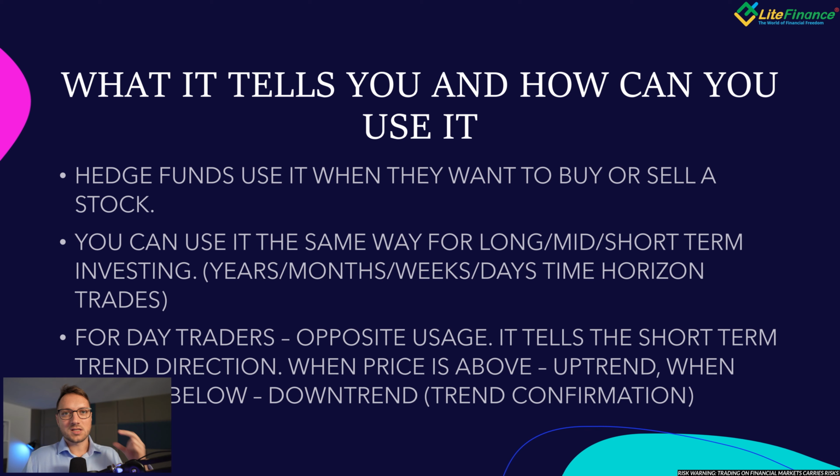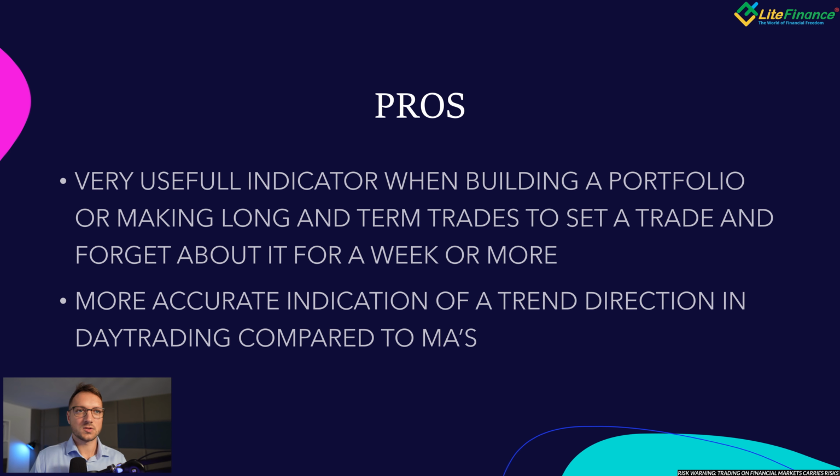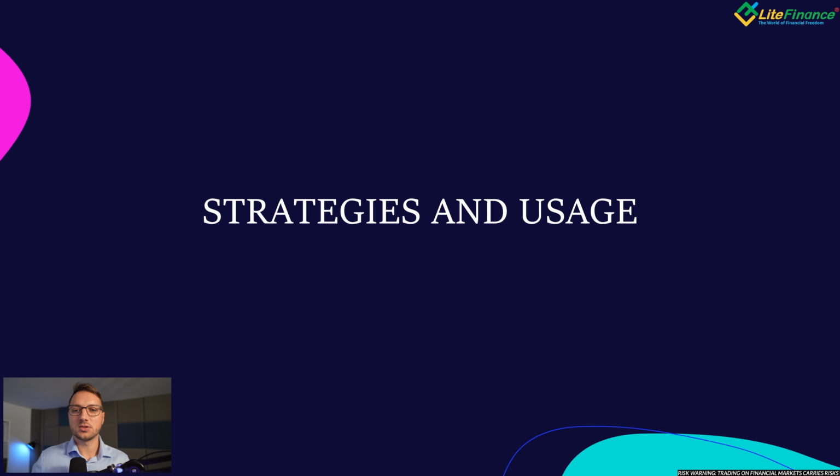When the price is above VWAP, this is a confirmation for you that there is an uptrend, and when the price is below, it's a confirmation for you that there is a downtrend, right? Okay, so let's go for the strategies and talk about how you can use it in practice.